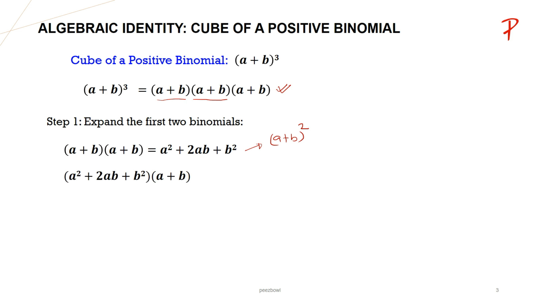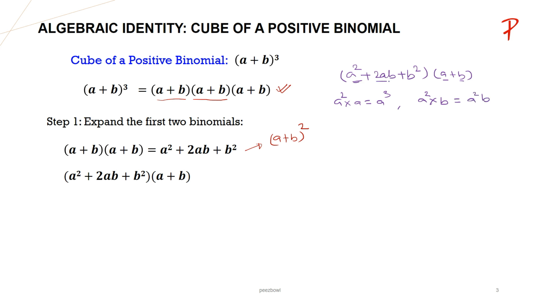Now we need to multiply the result with the third a plus b. So let us multiply it. We have a square plus 2ab plus b square, and this is multiplied by a plus b. First, a square multiplied by a is a cube. Then a square multiplied by b equals a square b.